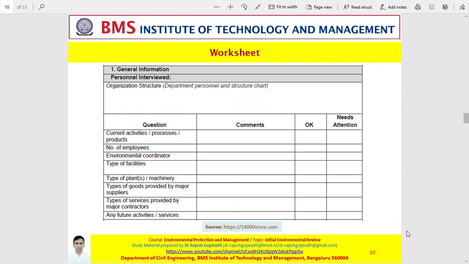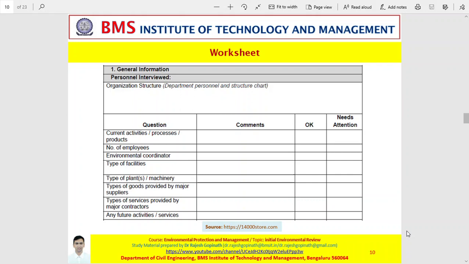As you can see in this slide 11, the basic information being procured includes what are the various activities carried out alongside the process flow, or what are the products that are being dealt with. They need to be listed. How many employees are working in the organization? Who is the environmental coordinator and what are his or her details?